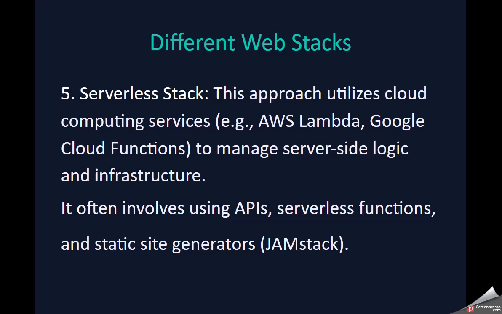This approach utilizes cloud computing services like AWS Lambda and Google Cloud Functions to manage server-side logic and infrastructure. It often involves using APIs, serverless functions, and static site generators like Jamstack.